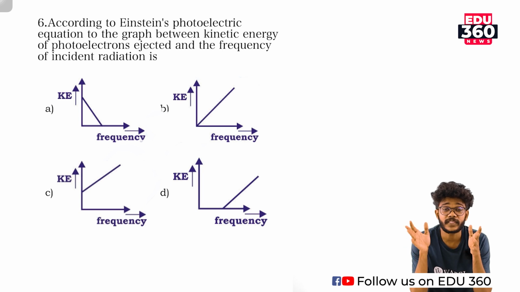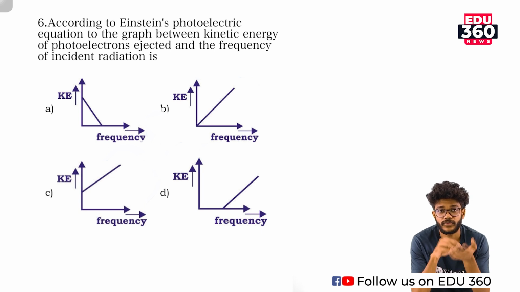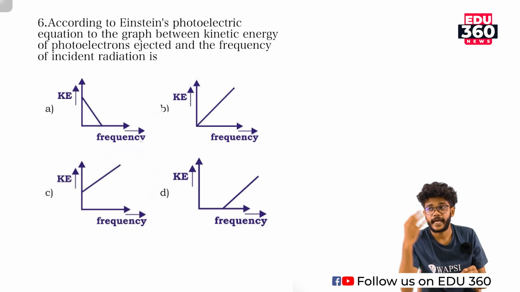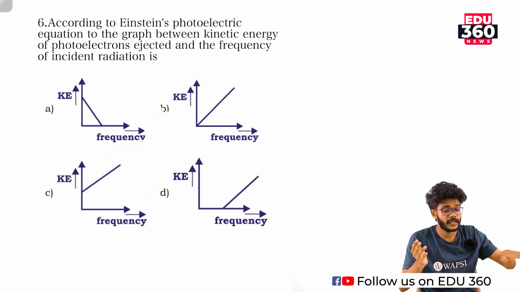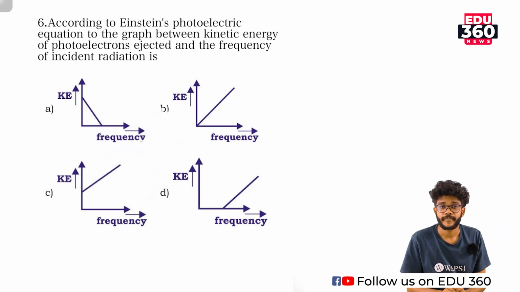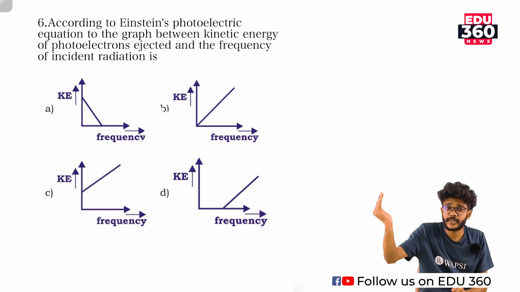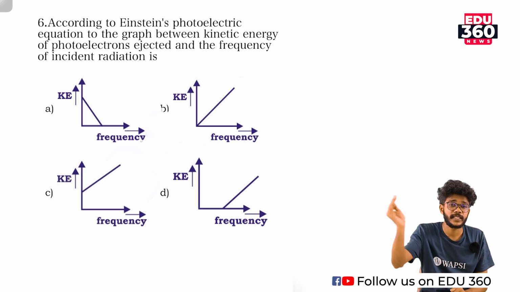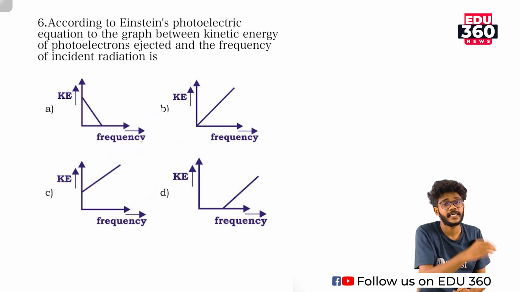A photon of specific energy, meaning frequency, comes to the metal and strikes it. Some energy is used on the surface, and the rest of the energy is given to the electron. But we know that a minimum energy is needed by the photon to eject an electron.